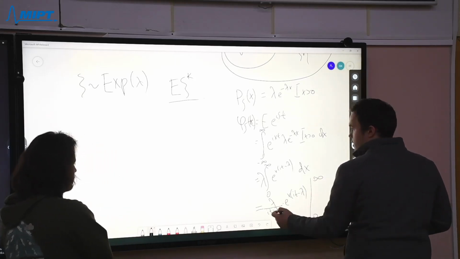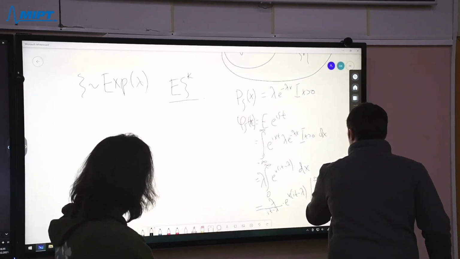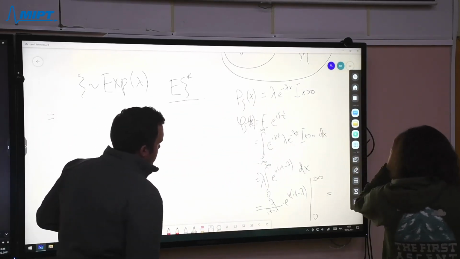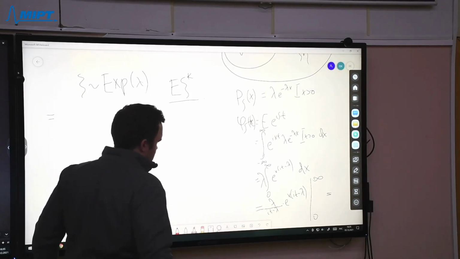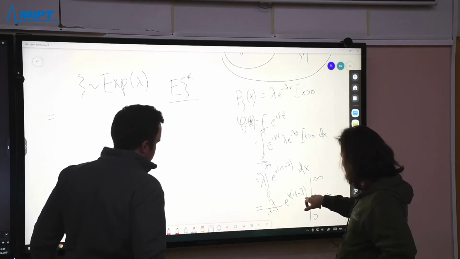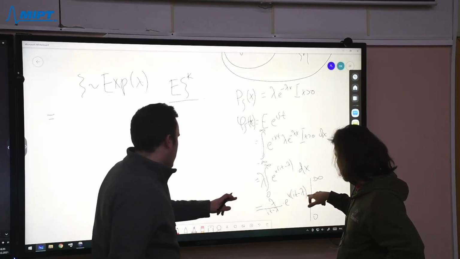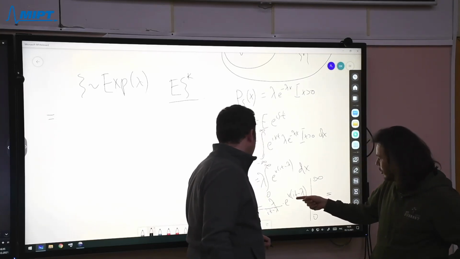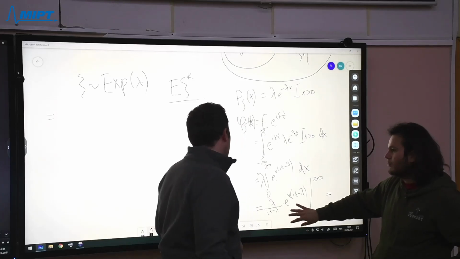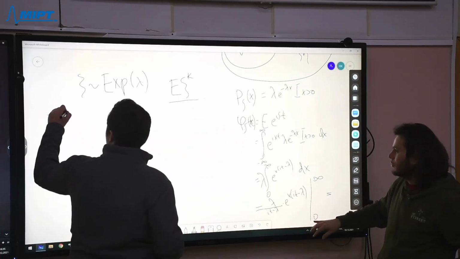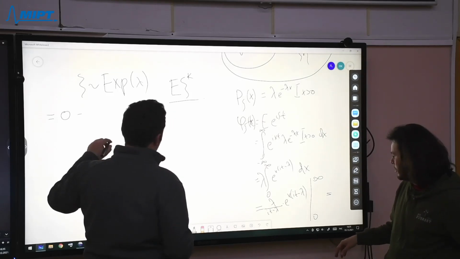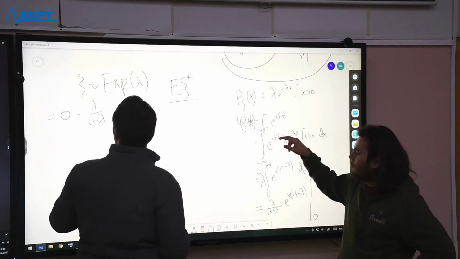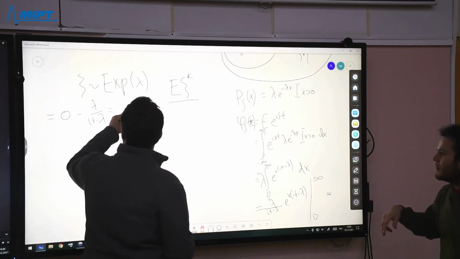At infinity, this thing, by the way, is negative, because we have minus in the real part. So we get e to the minus infinity, which is going to be 0. So the result is lambda over (lambda minus it), right?